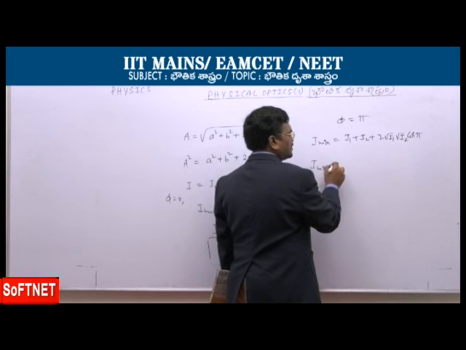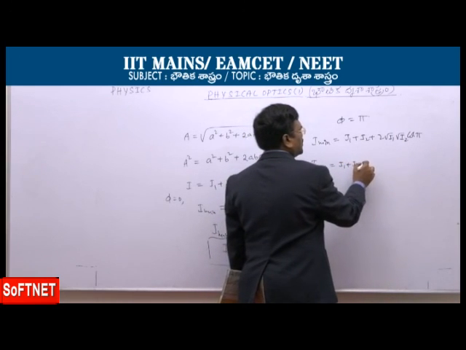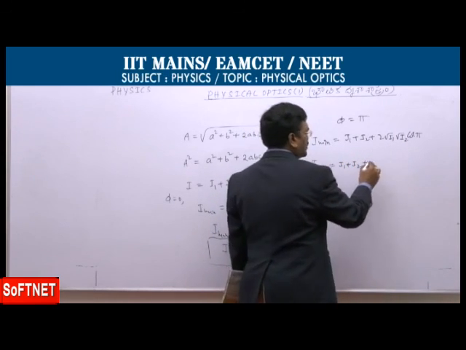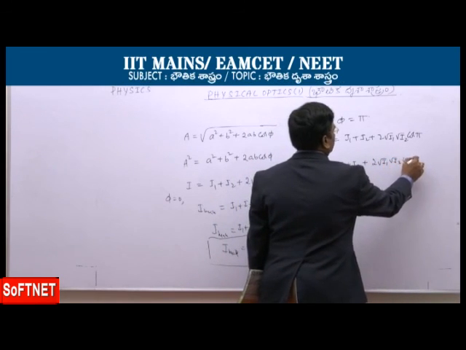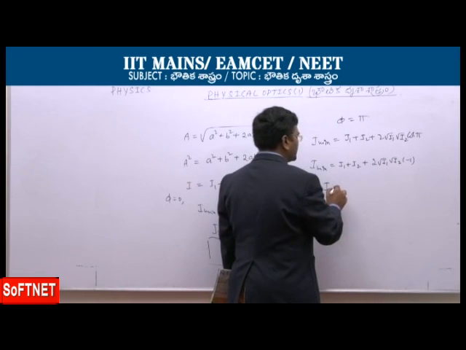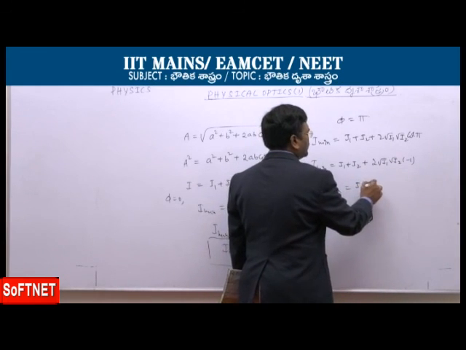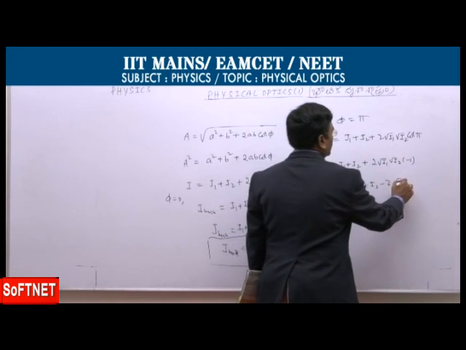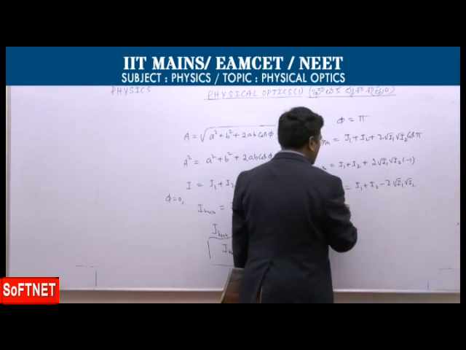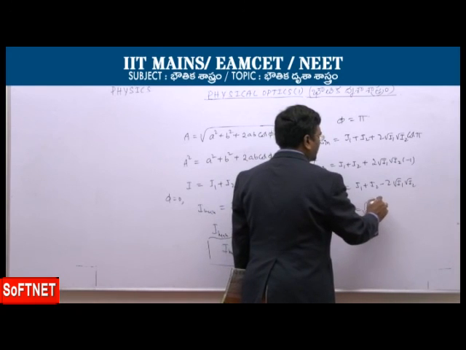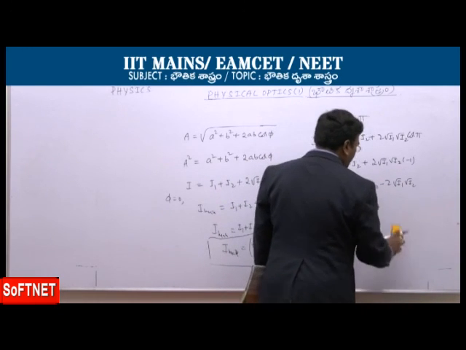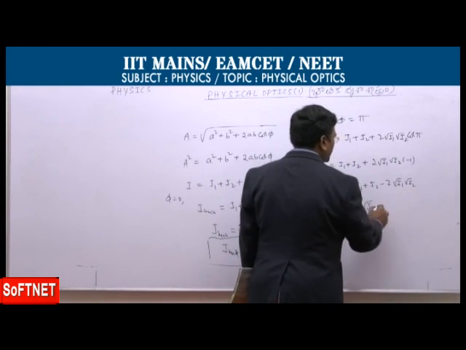So I minimum is equal to I1 plus I2 minus 2 root I1 I2. So what do we write now? I minimum is equal to root I1 minus root I2 whole square.